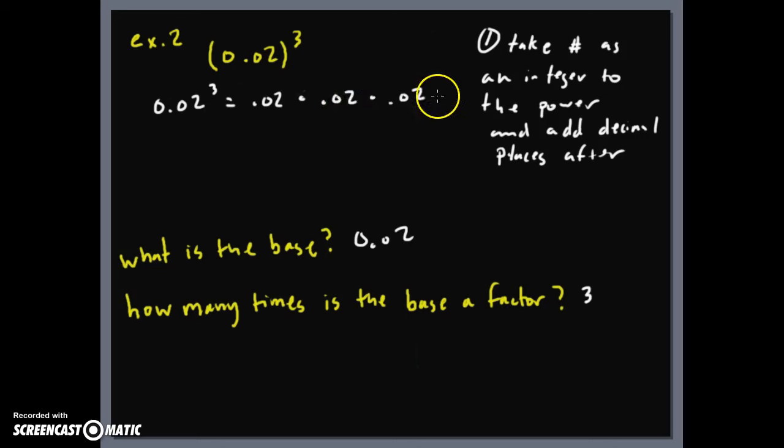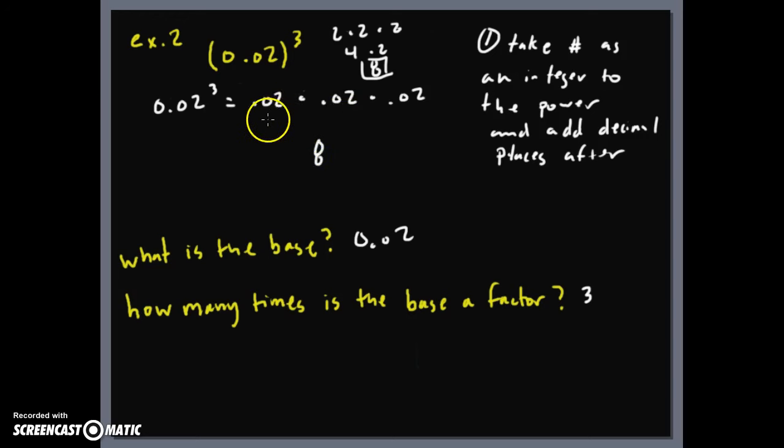So if I'm going to do it that way, then what I'm saying is 2 times 2 times 2, or I'm saying 2 cubed, is what? Well, 2 times 2 is 4. 4 times 2 is 8. So 2 cubed is 8. However, we're not cubing 2, we're cubing 0.02. So now we've got to add up the decimal places.